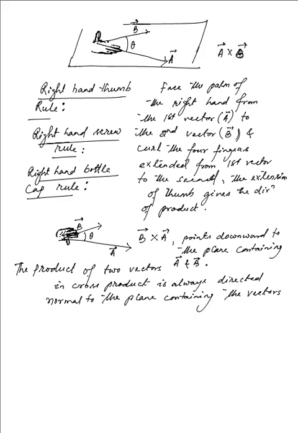Now in case of the plane of the paper that you're viewing on screen, if those two vectors lie on that plane, then you have the A vector over here, B vector over here, separated by an angle theta.